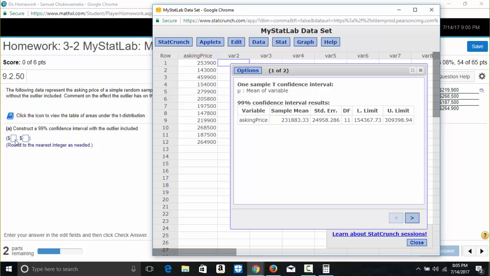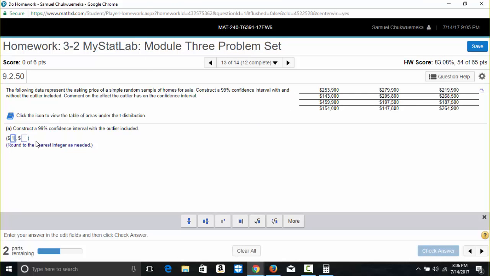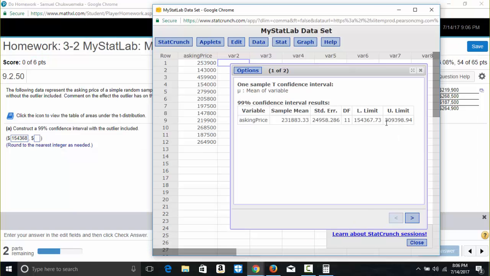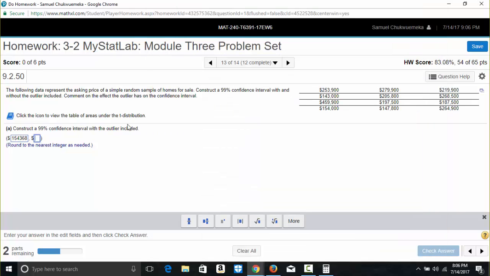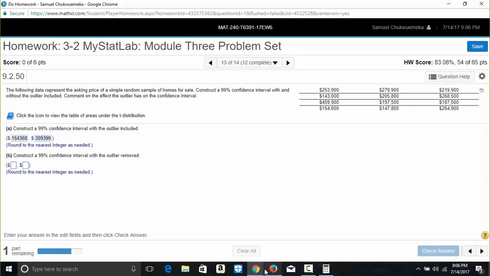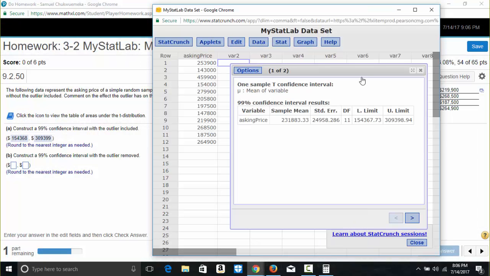And then the upper bound is 309,399. Okay.